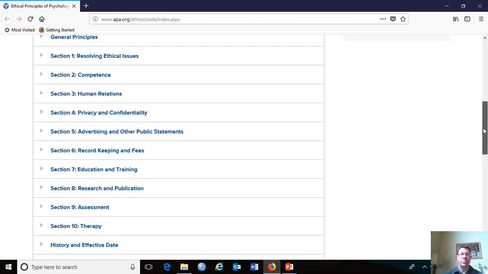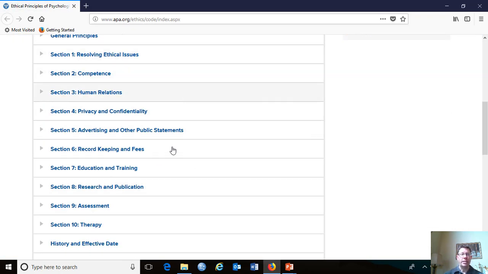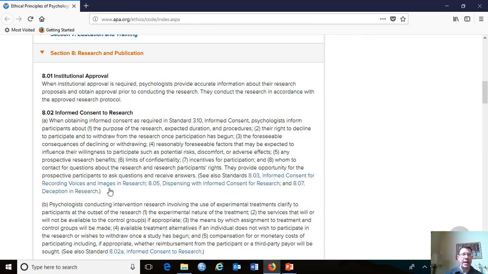And so you can see that some of these sections relate to researchers, some to therapists. The therapy section doesn't pertain to researchers unless you're doing research on therapy, potentially. Keeping fees, privacy, confidentiality, competence, those sorts of things. If we just go down to research and publication, you're going to see a lot of the issues that were discussed in your textbook.